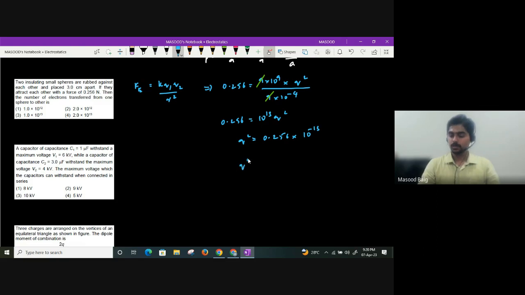So I can write the q square value as 2.56 into 10 power minus 14. So what will the q value be? If you take the square root, I think I'll get 1.6 into 10 power minus 7 coulomb.